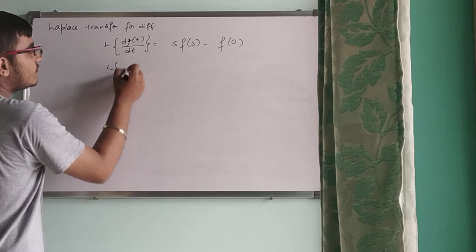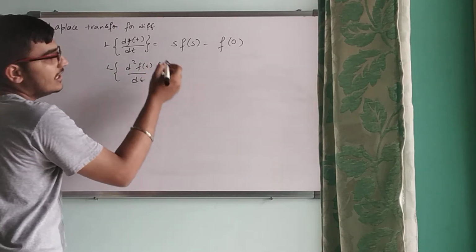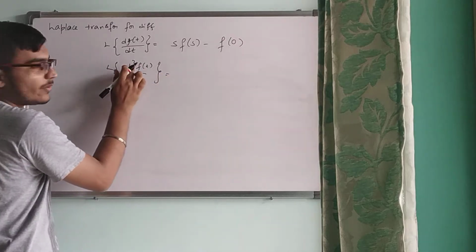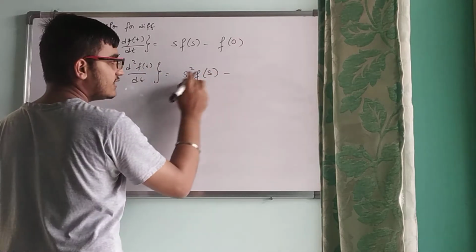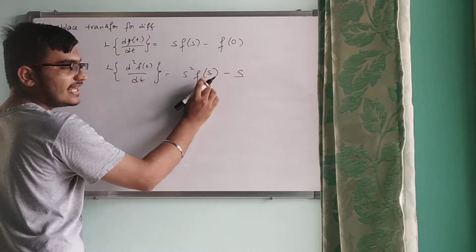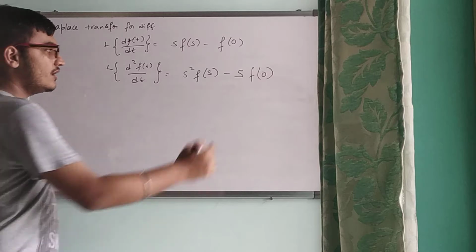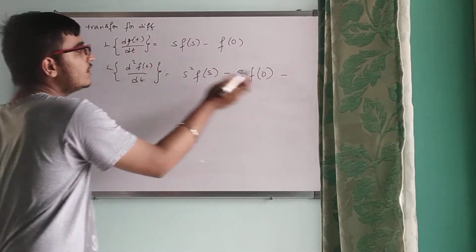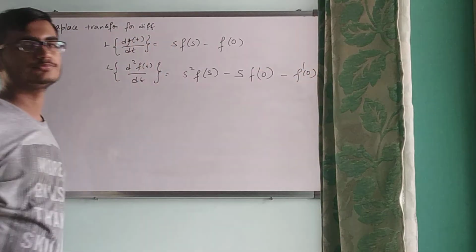Next, the Laplace transform of d square f of t by dt square. Please remember these. It is easy to remember. It is s square into F of s, minus s into the functional value f of 0, minus the constant f dash of 0.